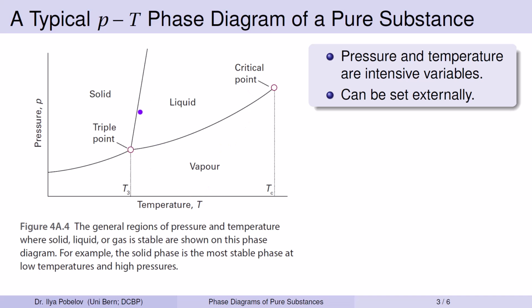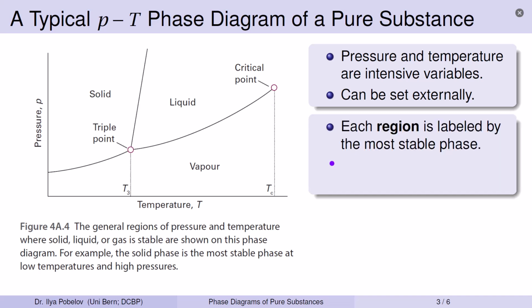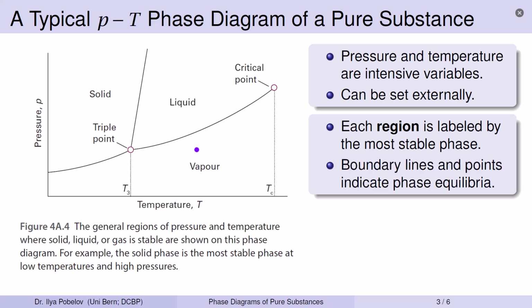Therefore, there are no gaps on a PT phase diagram. On the phase diagram, you will notice distinct regions, boundary lines, and specific points. Each region is labeled by the phase that's most stable for a given pressure and temperature. The boundary lines and points indicate equilibrium between phases.